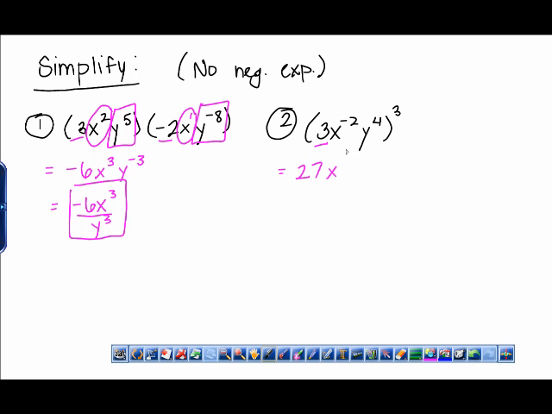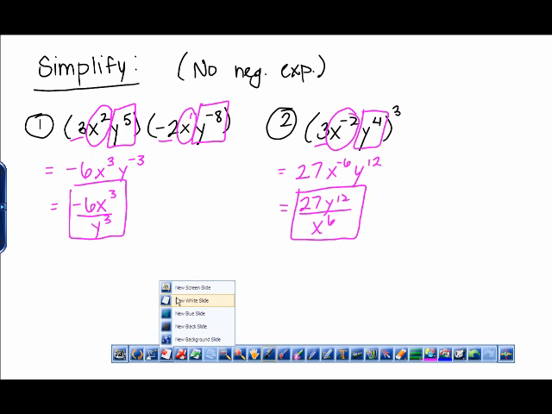And then for the power on x, I need to take x to the negative 2, take it to the power of 3. So I'm multiplying negative 2 times 3, that's going to be negative 6. And then I need to do the same thing with the y. Y to the 4th cubed, 4 times 3, that's 12. And again, I have a negative exponent I need to deal with. So that x to the negative 6 becomes just x to the 6 in the denominator. So pretty easy to deal with.